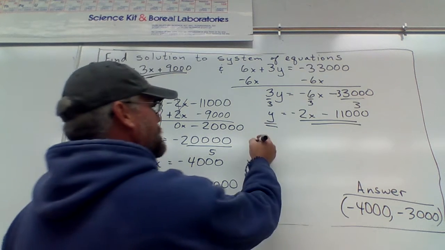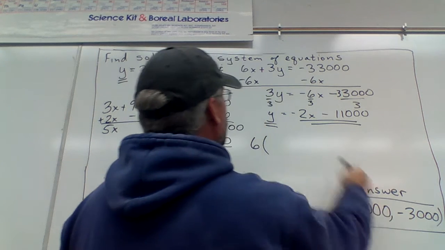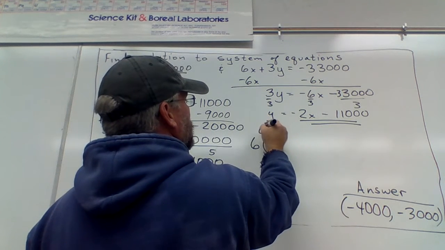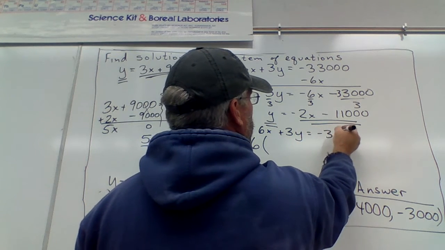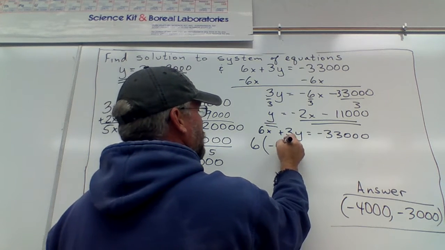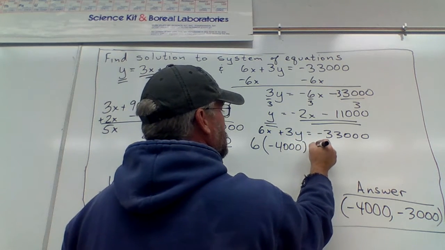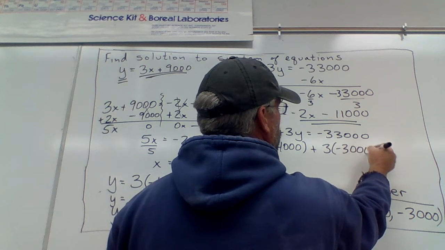Okay, so I'm going to take the 6 and multiply it by, again, I'm going 6x plus 3y. Does that equal negative 33,000? Okay, so 6 times negative 4,000 plus 3 times negative 3,000.